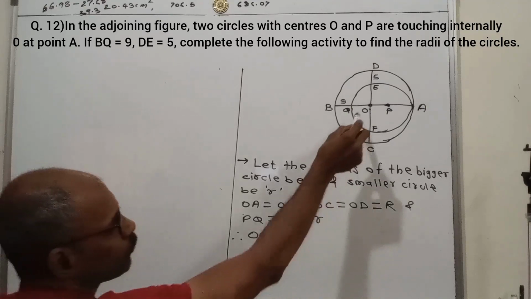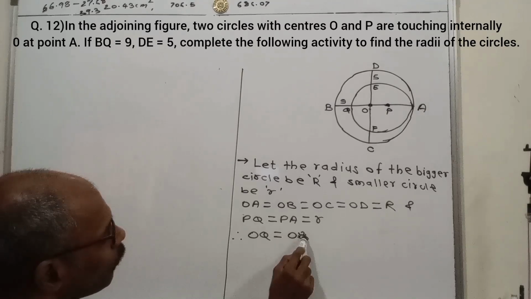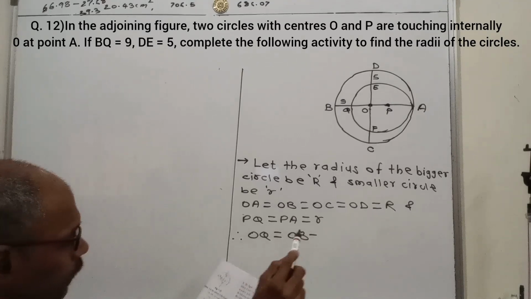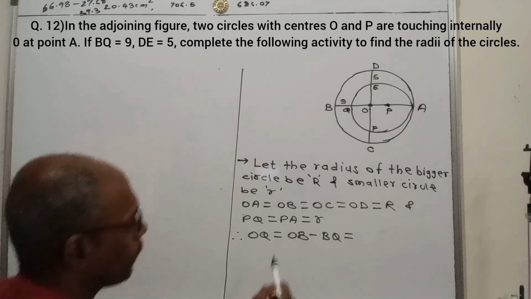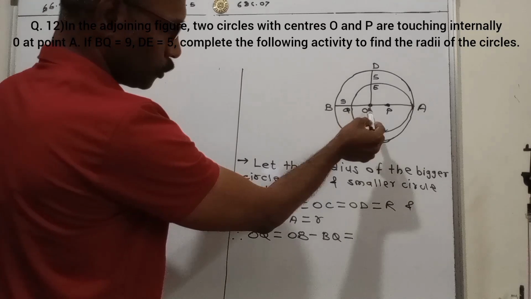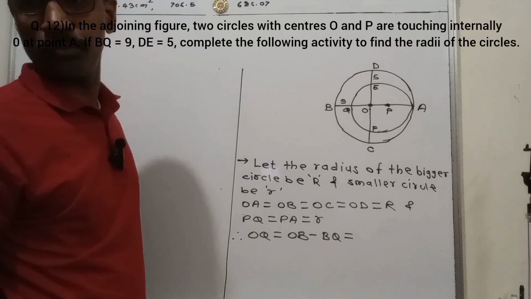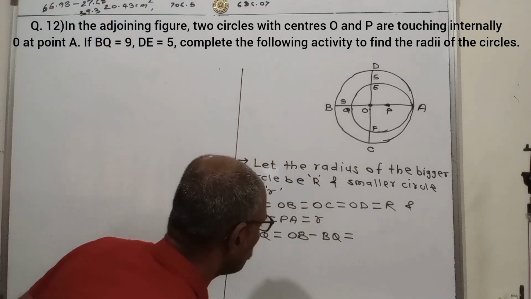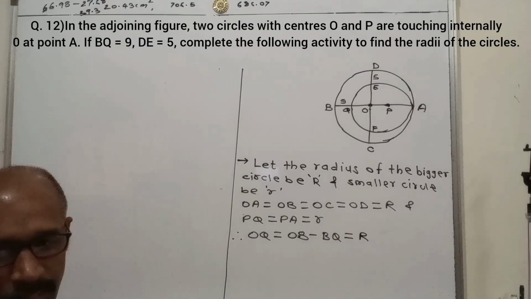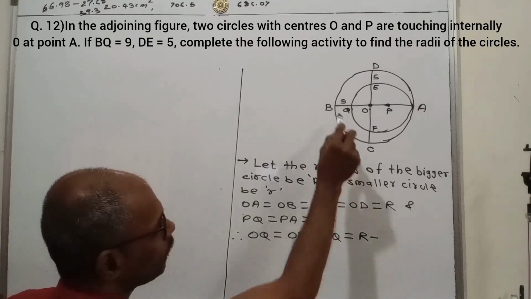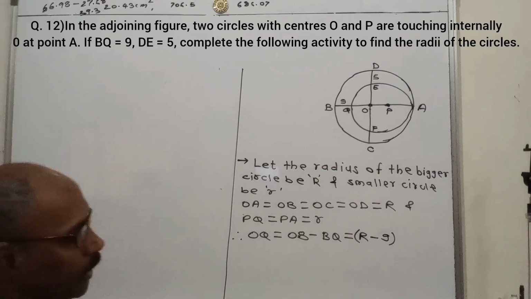Now we have given OQ. OQ is equal to OB minus BQ. Now, what is our OB? OB is equal to capital R minus BQ. What is? 9.